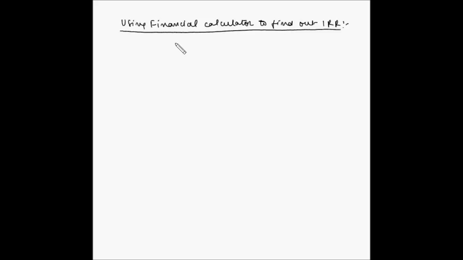So let's consider the case of project S. So the cash flows C0 is minus 1000, C1 is 500, C2 is 400, C3 is 300, and C4 is 100. So let me pull my calculator.